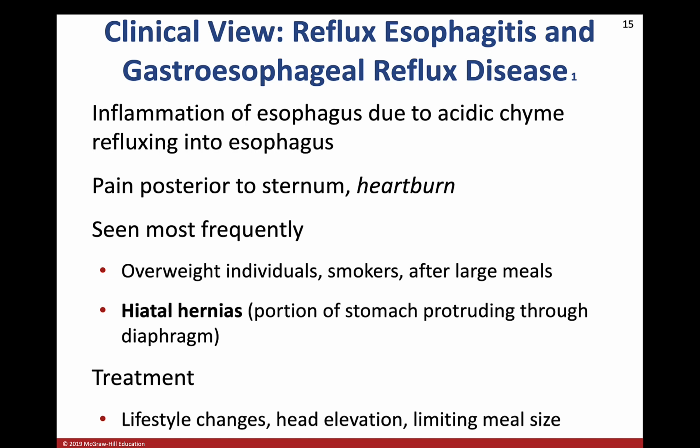Generally, we will see this in individuals that are overweight, smokers, and after large meals. Also, it may be seen in individuals that have what's known as a hiatal hernia. This is when a portion of the stomach protrudes through the diaphragm. Now, the treatment is going to be lifestyle changes, head elevation, and limiting the size of meals.